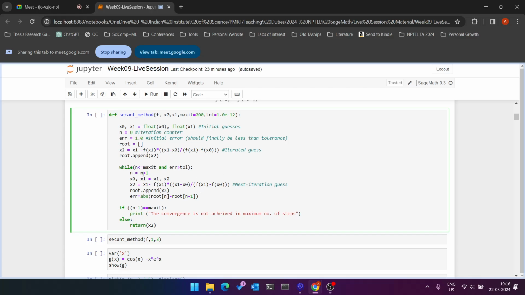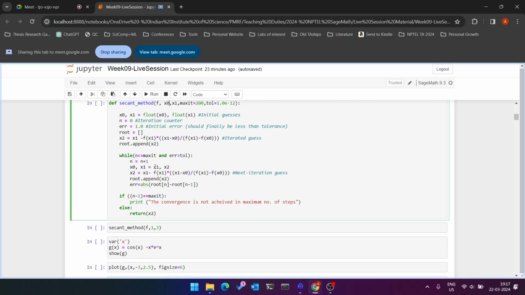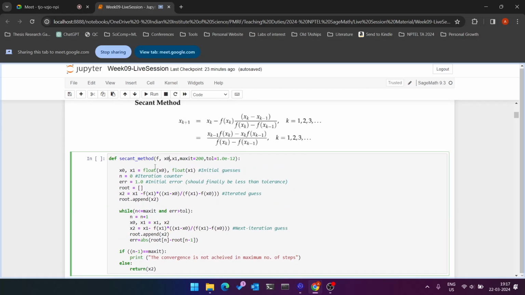And this keeps on happening, and we keep adding all the guesses to this root array. At each step we also calculate the error based on the previous guess of the root and the current guess, and increase our counter.